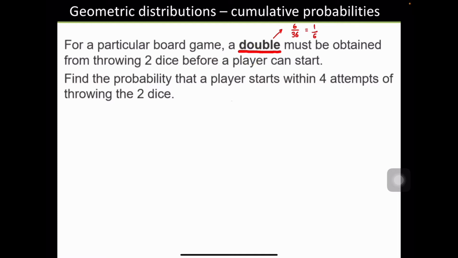It says find the probability that a player starts within 4 attempts of throwing the 2 dice. A condition in order for a player to start is throwing a double. So I'm going to write let X equal the number of throws of a dice until a double.